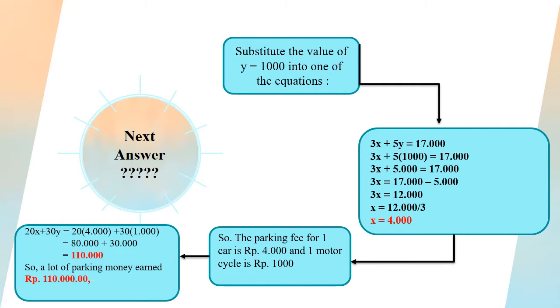So 3x plus 5 multiplied by 1,000 equals 17,000. 3x equals 17,000 minus 5,000, so 3x equals 12,000. Then x equals 12,000 divided by 3. So x equals 4,000.